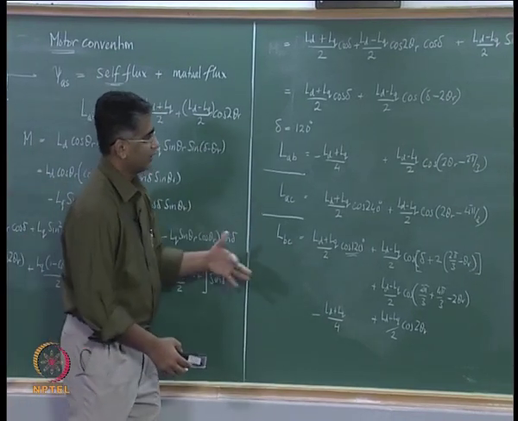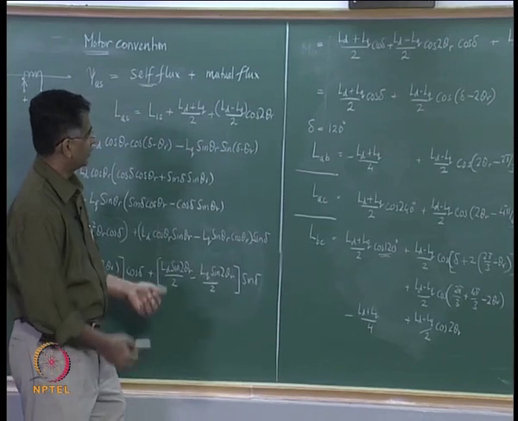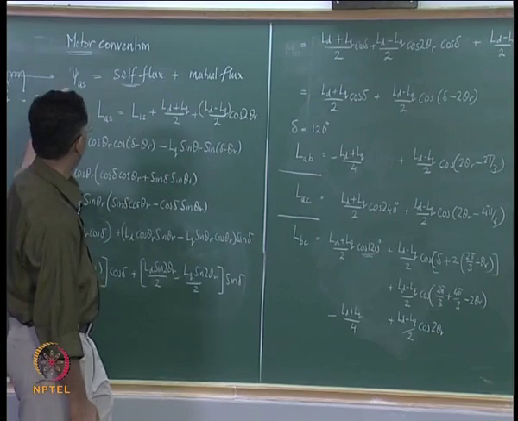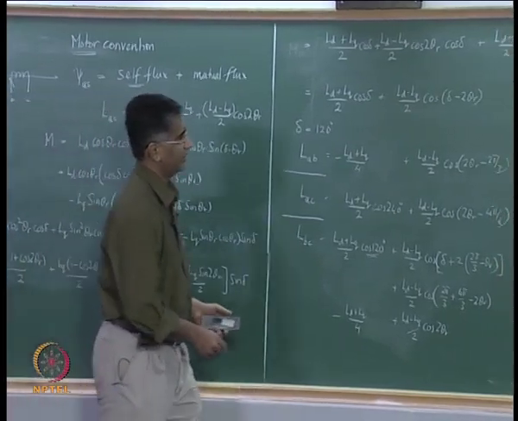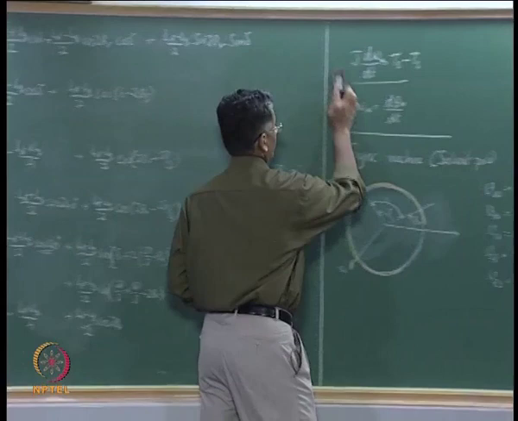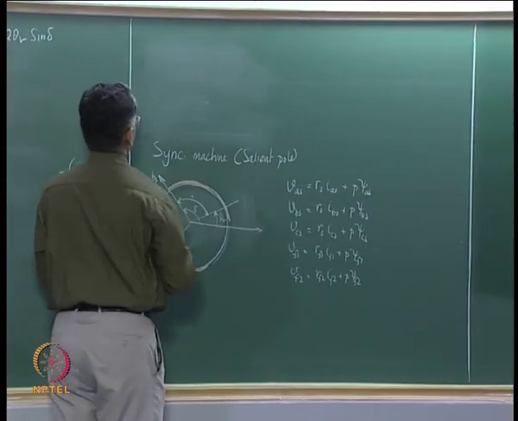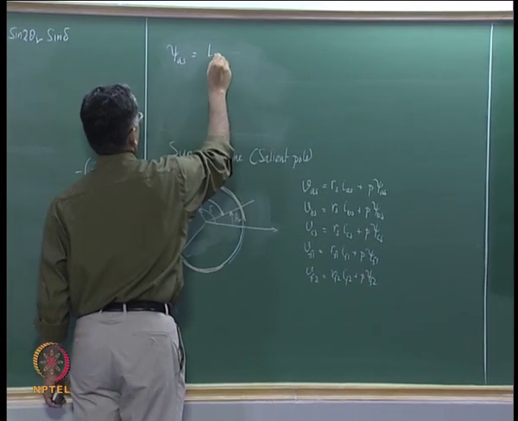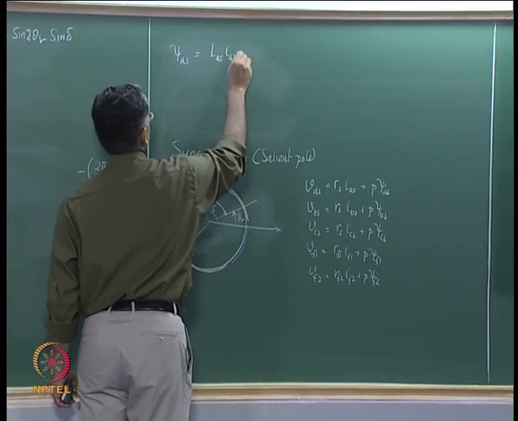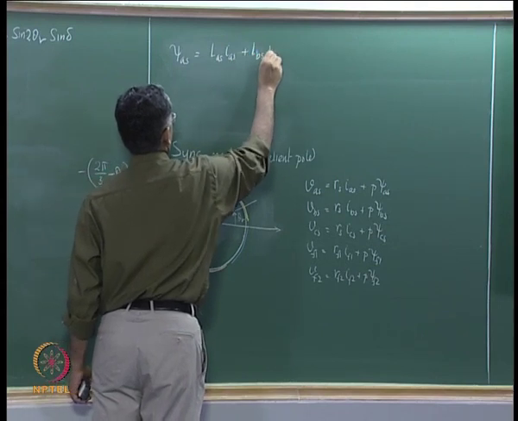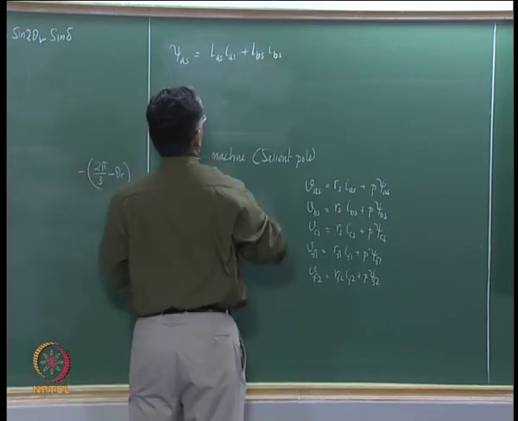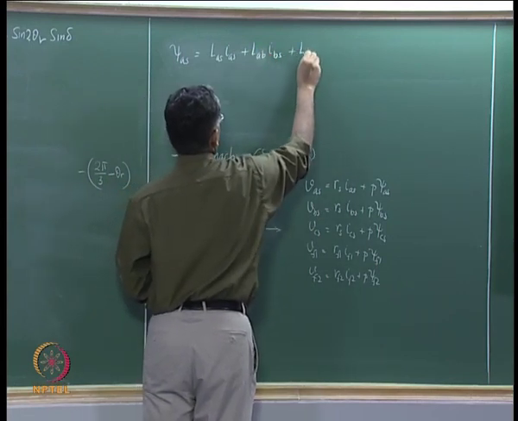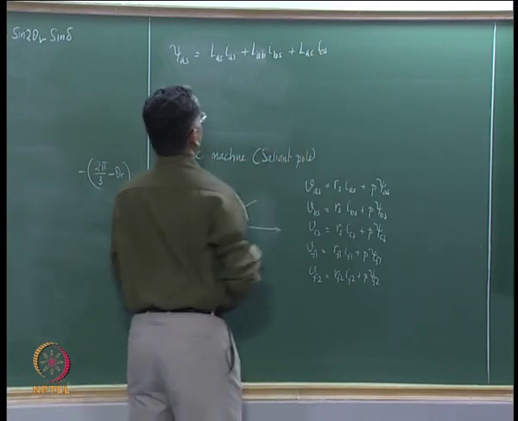So with this then we have derived expressions for the mutual flux linkage. What you would have in the psi as expression then is psi as is then LAS into IAS plus LBS into IBS, LAB into IBS plus LAC into ICS.